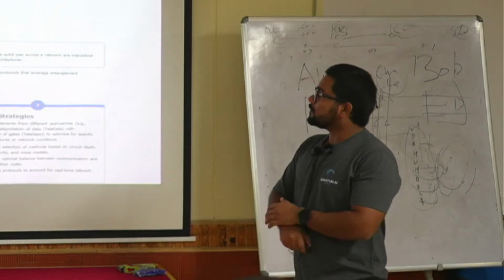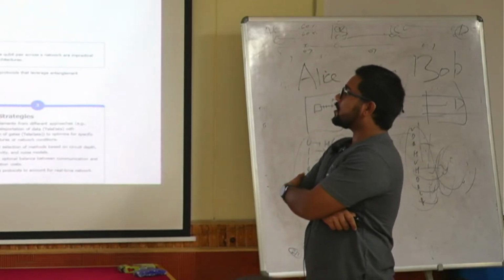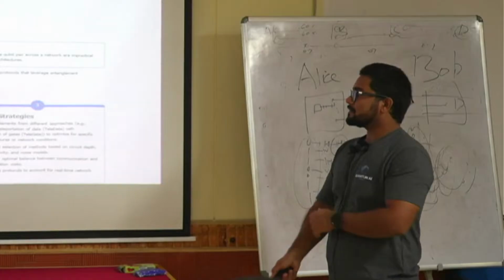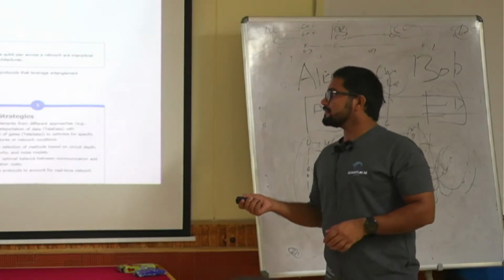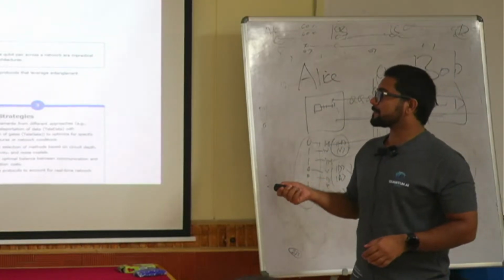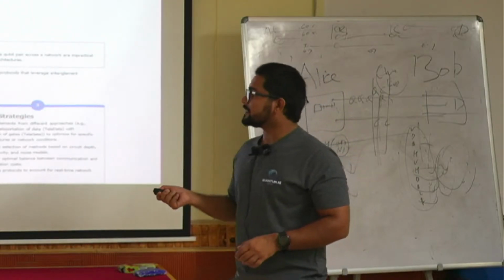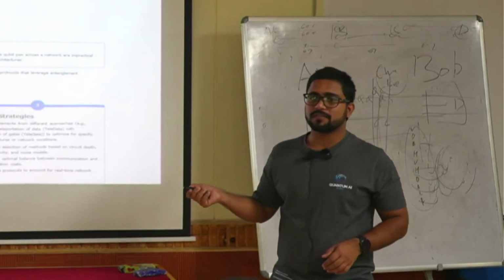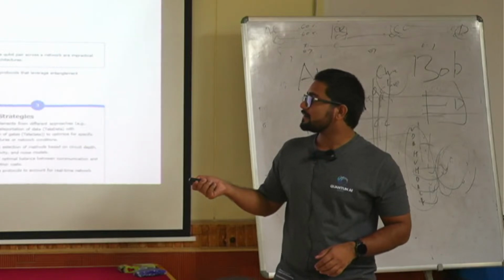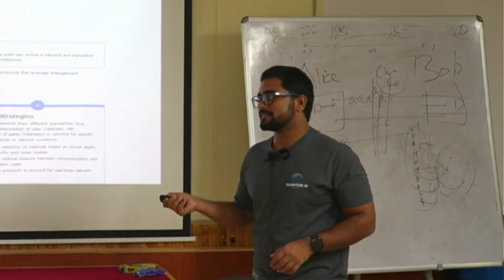Now one more telegate application where a non-local gate can be implemented. What are the types of telegate implementation? First, 2-qubit entanglement can be used, like CNOT or something. That is called gate decomposition, teleportation based.